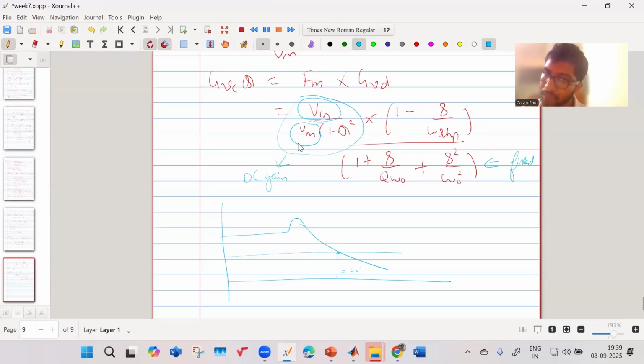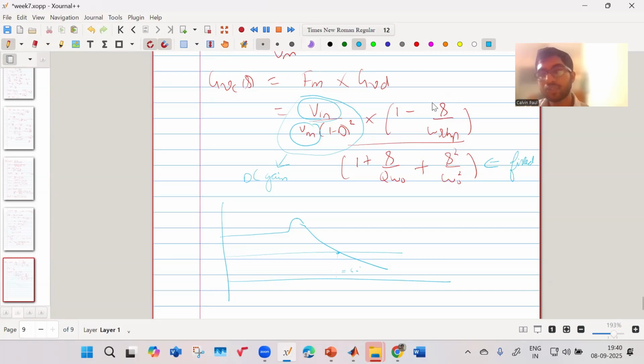If your VM is more, then this DC gain gets shifted lower, and when it gets shifted lower, your phase margin becomes positive. So if you want it to be stable, you have to increase your VM and reduce your V input, right?